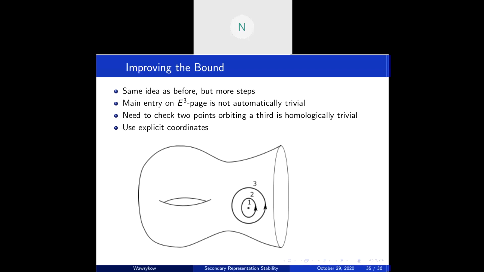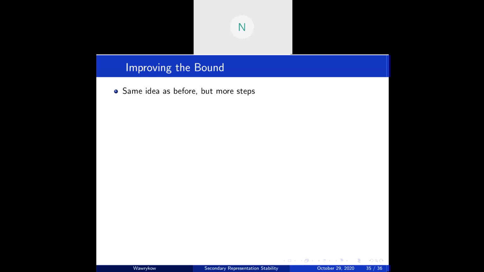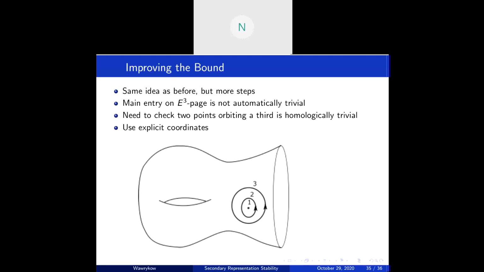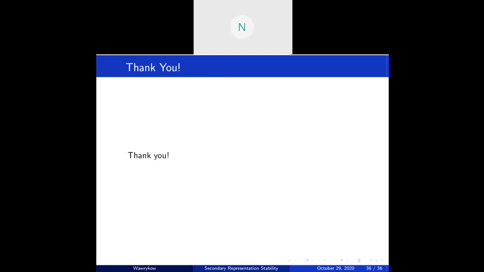And that's good enough to tell us the green arrow that we have here is going to be 0. And on the E3 page, it doesn't really matter. And with that together, we can say, okay, this is generated at most in degree 4. And I think that's it.